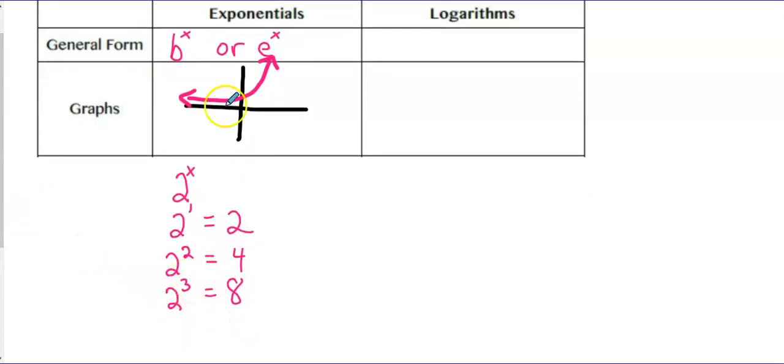So 2 to the third power is 8, and then 2 to the fourth power would be 16. So it jumps 1, 2, 2, 4, 3, 8, 4, 16. By the time we get over here to 4, we're already up here at 16 on this graph. So this is one of the examples of what an exponential function graph will look like when we get to that.